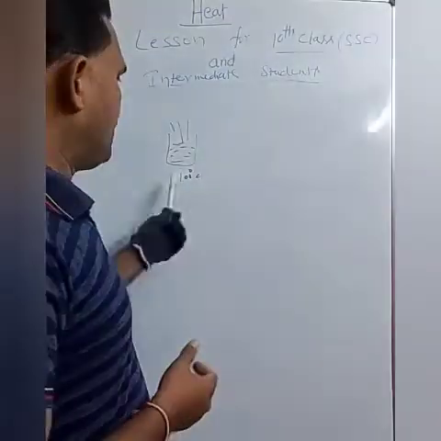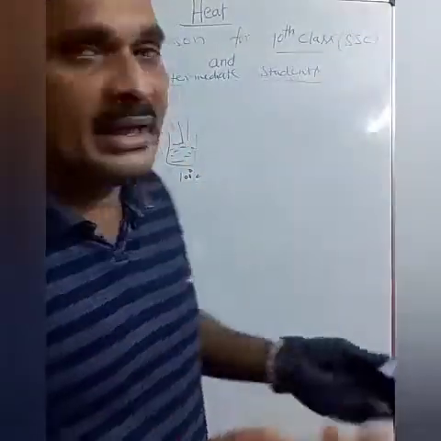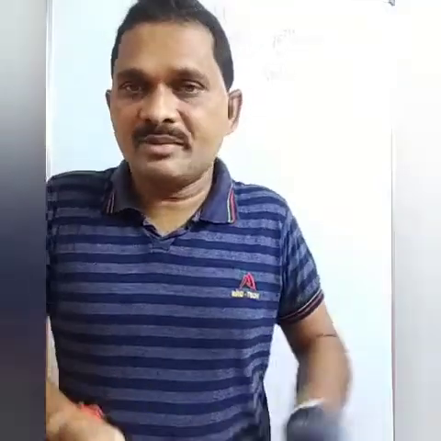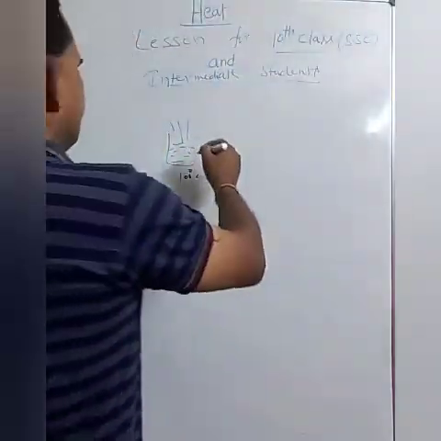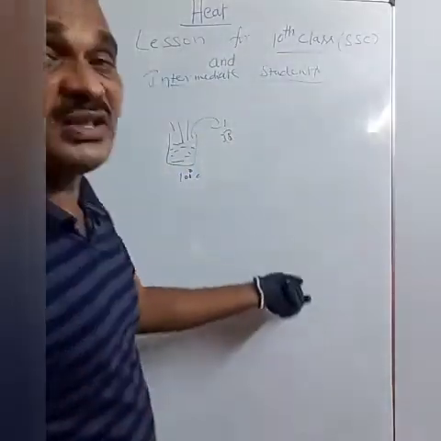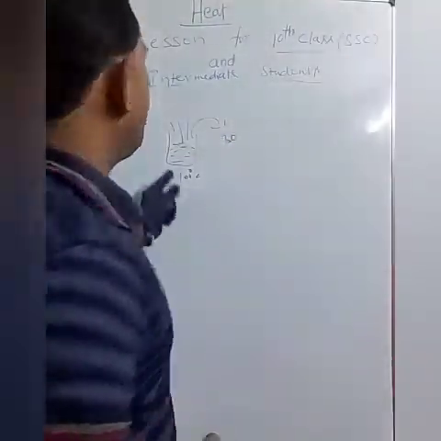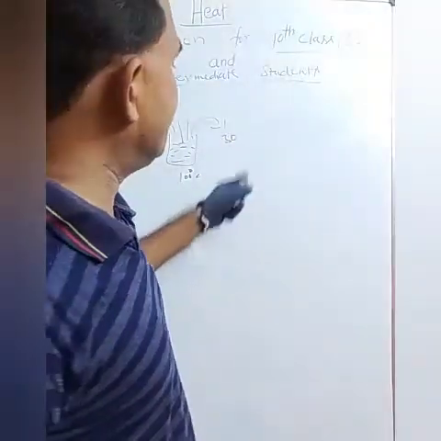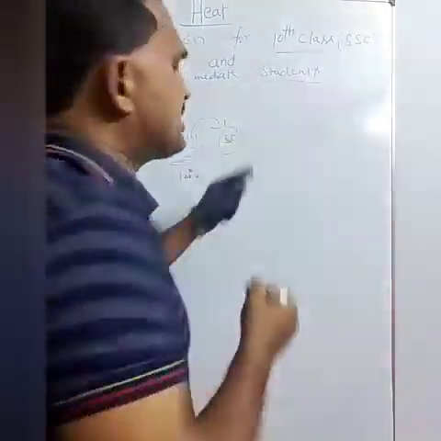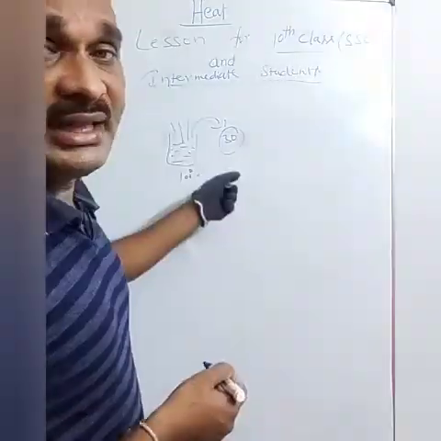So if you measure this 100 degrees centigrade, and if you keep it open for some time, after some time it will reach the atmospheric temperature. If suppose the room temperature is 30 degrees centigrade, it loses from 100 degrees centigrade to 30 degrees centigrade.